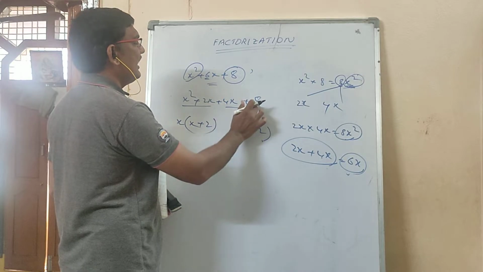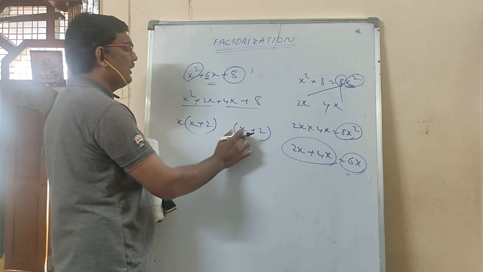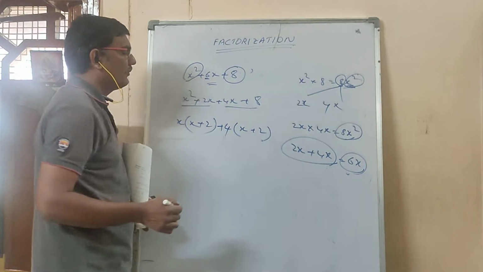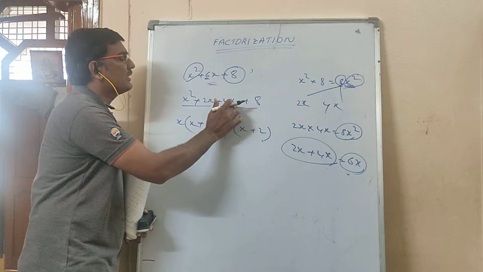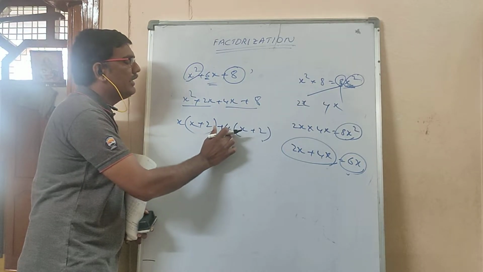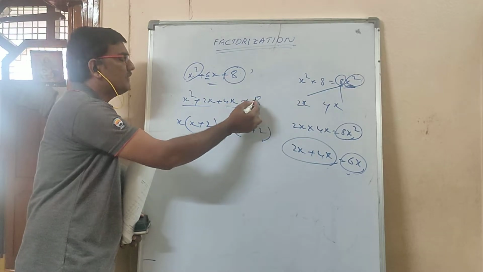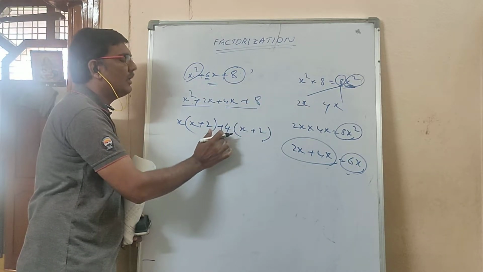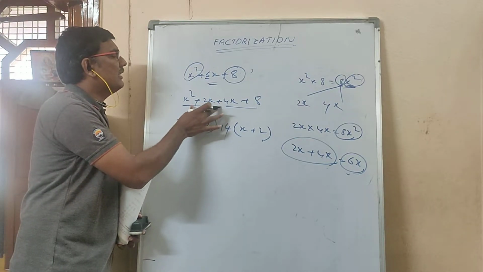In 4x and 8, which number do you have to take as common to get x plus 2 here? Plus 4. Now multiply it: plus 4 into x is 4x, plus 4 into plus 2 is plus 8. So in these two terms, if you take plus 4 as common, you are getting x plus 2 or not?